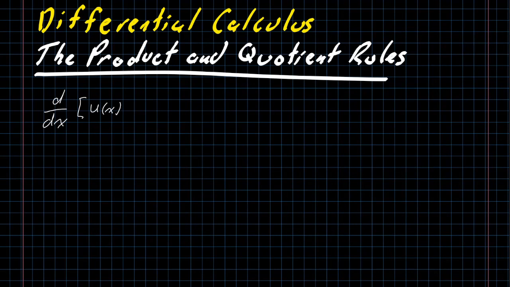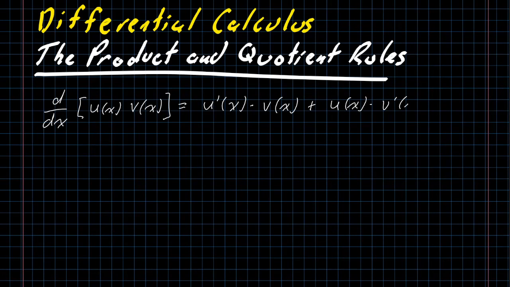If we have two functions, u of x and v of x, which are being multiplied together, to take the derivative of the product, we are going to take the derivative of the first times the second plus the first times the derivative of the second. So u prime of x times v of x plus u of x times v prime of x.